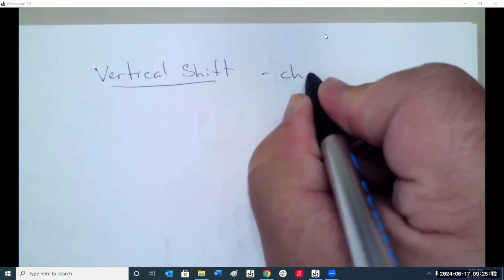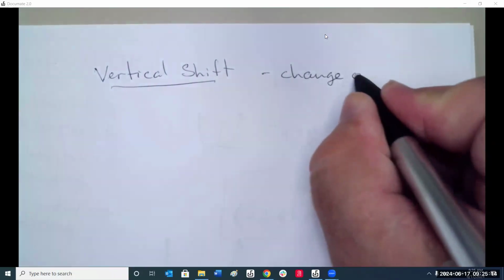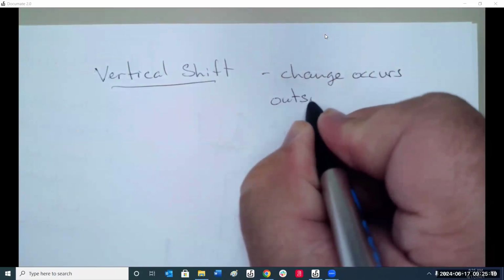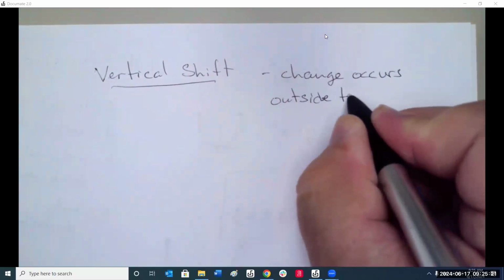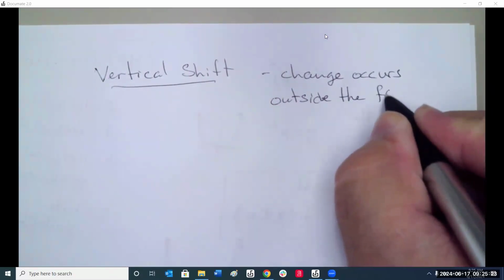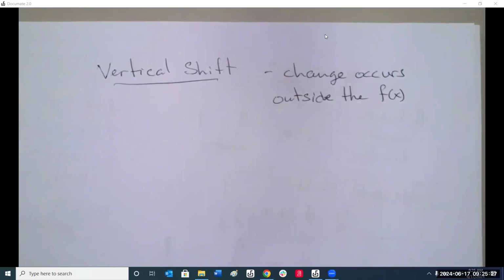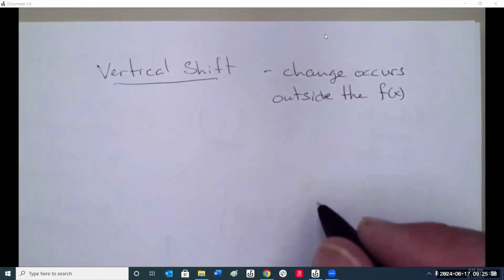Here, the change occurs outside the function. Also away from the function.